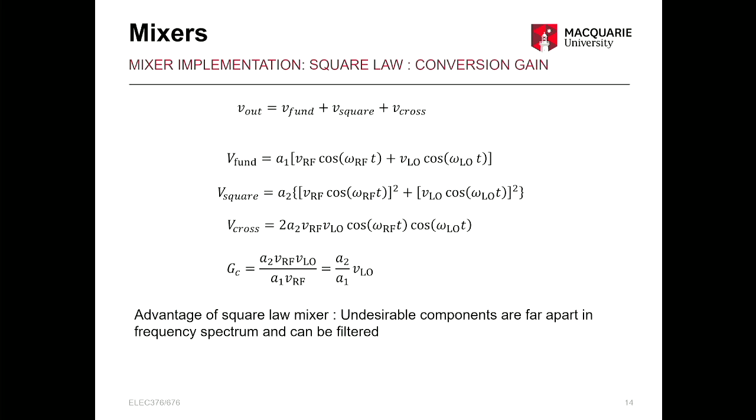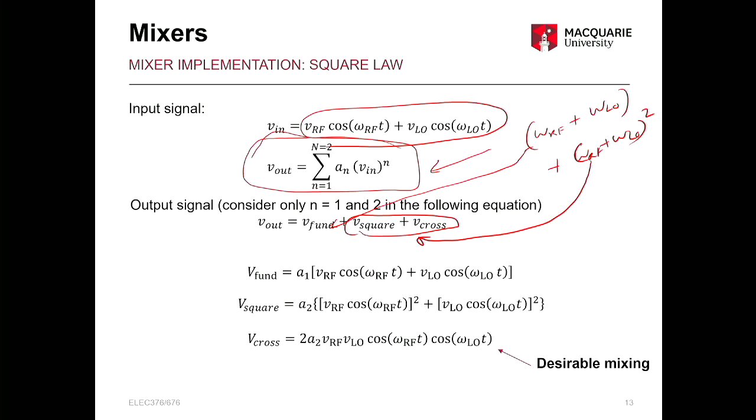Okay, so one way to look at the quality of the mixer, or one of the performance parameters, is the conversion gain, or voltage conversion gain, or the power conversion gain. So that mixer we looked at here created three components, as we said: the fundamental, the harmonics, and the mixed frequency.